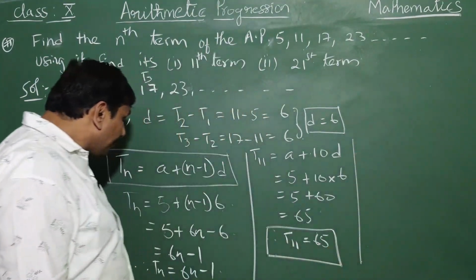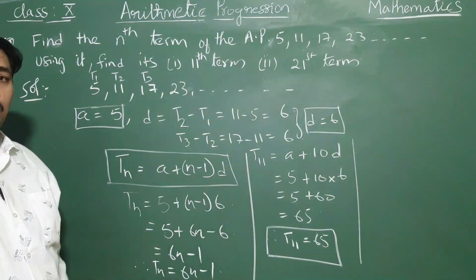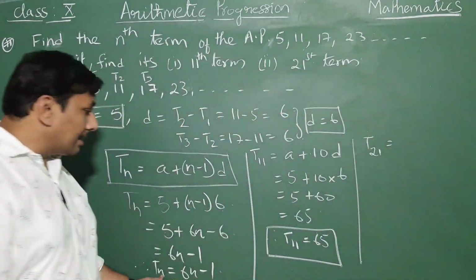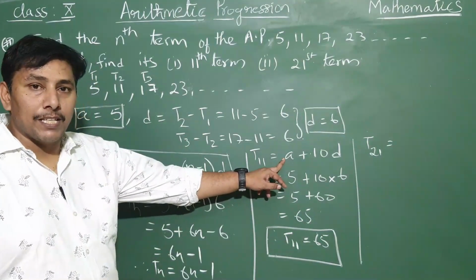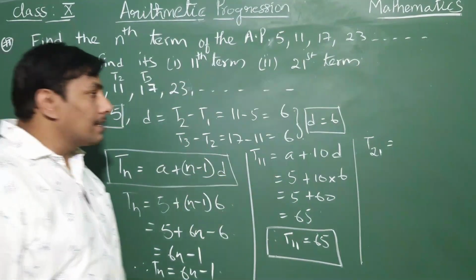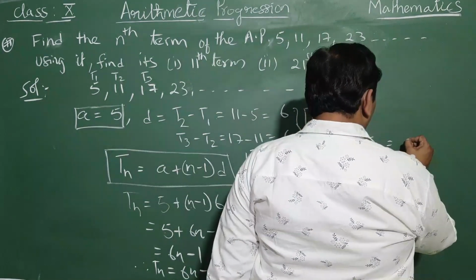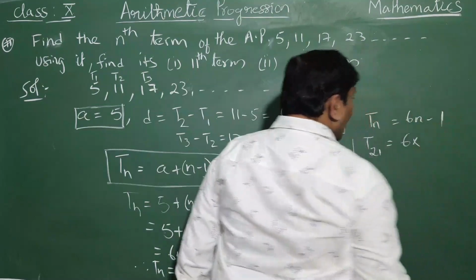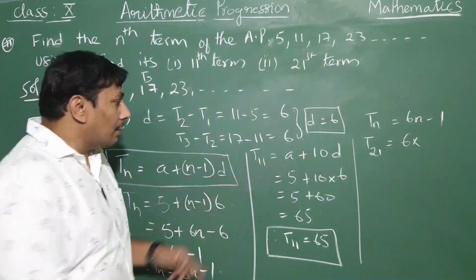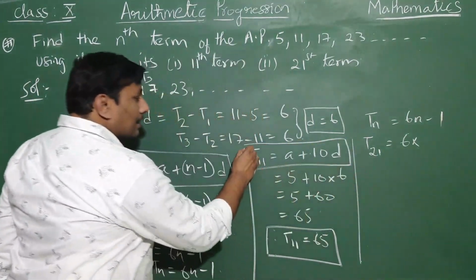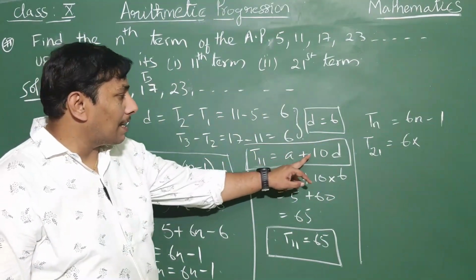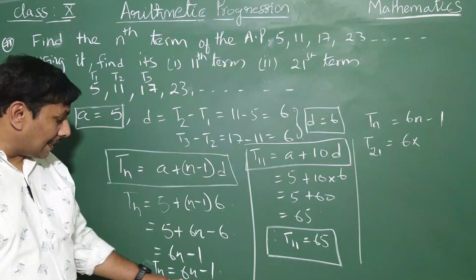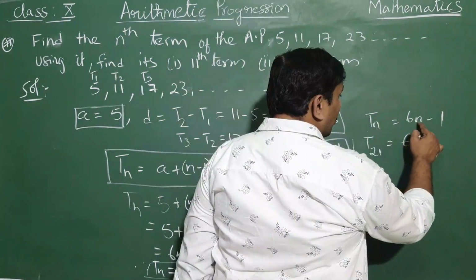As well, we can use this one and find out the answers. Let us find out the 21st term by using this one. Here you need to understand, I am using a general formula, that is T11 is equal to A plus 10D, and also what I got here, Tn is equal to 6n minus 1.